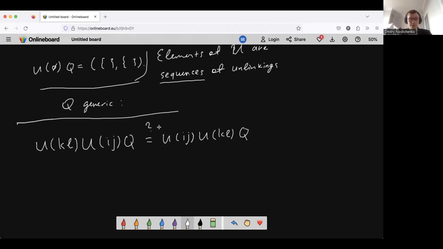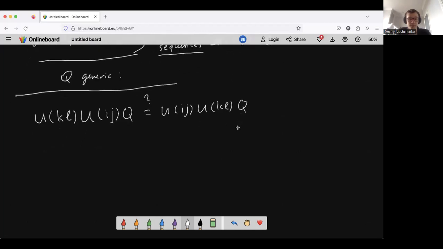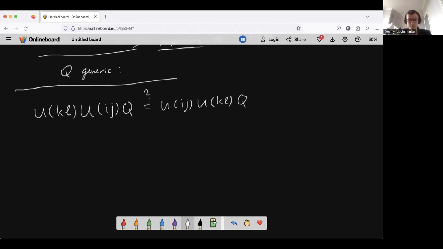Yeah, so the answer is yes in this particular case, but there is an important assumption to be made. In fact, this commutativity holds if and only if all these indices I, J, K, and L are distinct. Of course we have the condition that I and J are distinct because we want to unlink different nodes.